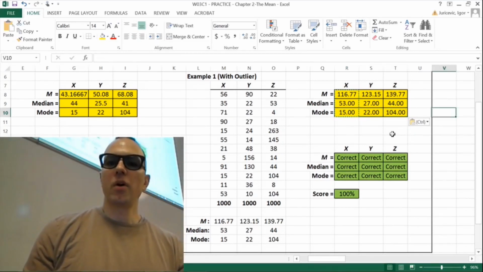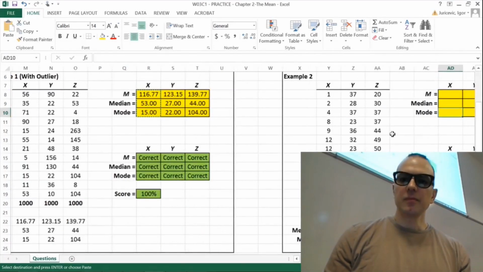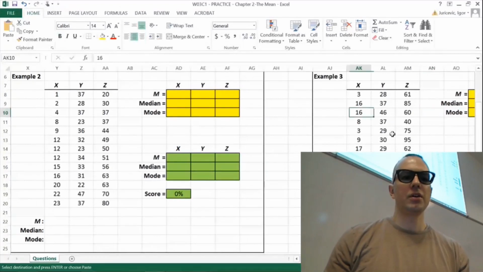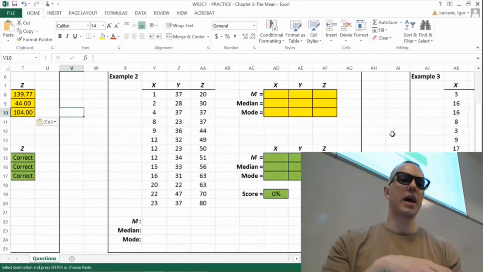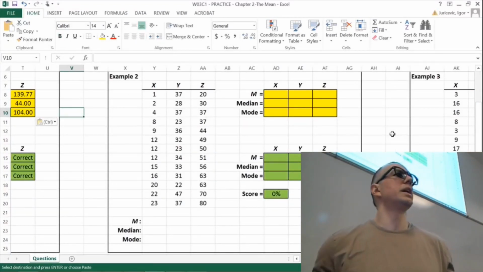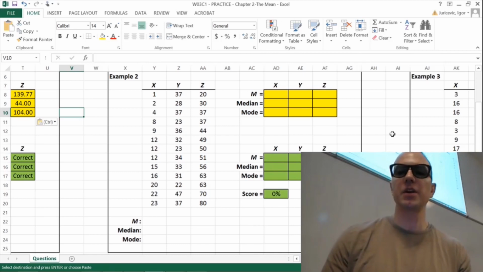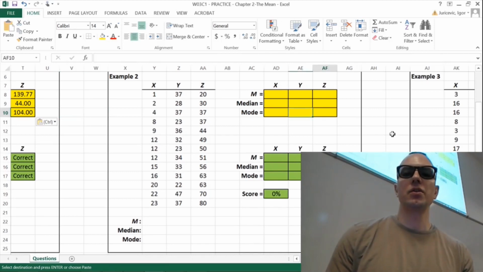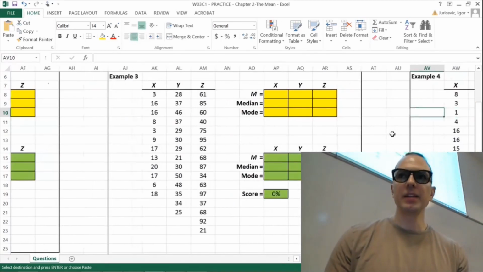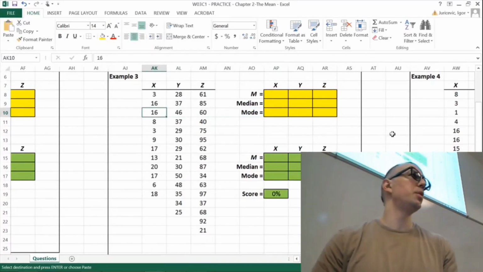All right, one more thing that I want to show you before we turn it over to practice. I'm going to let you complete example 2 on your own. This is, again, a copy and paste sort of warm-up exercise for you. But what I want to show you to end this in-class demo is example number 3.